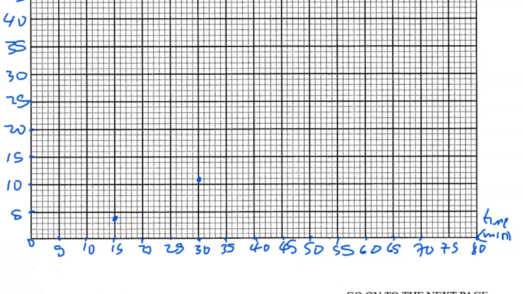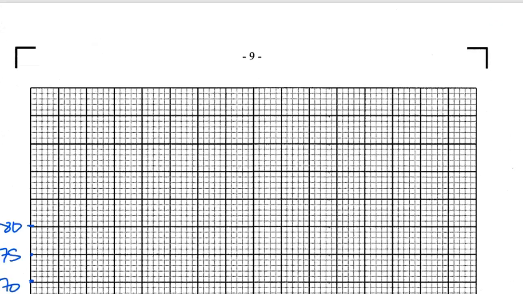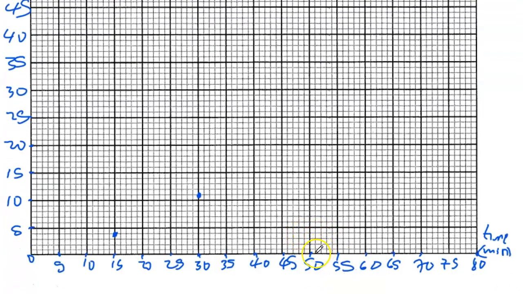Let's get another two points from the table: 45, 35, and 60, 73. So 45 here, 35, and 60, 73, maybe about there.